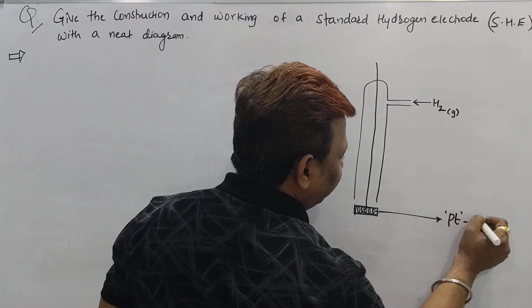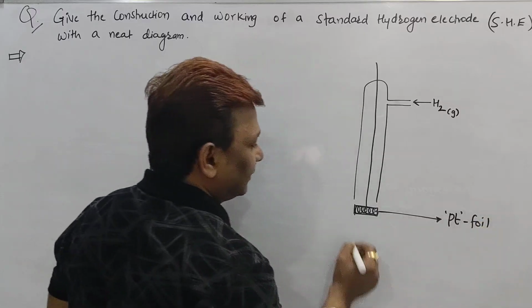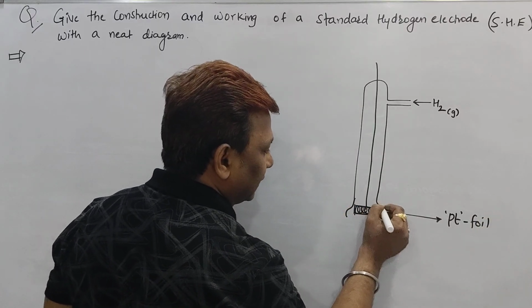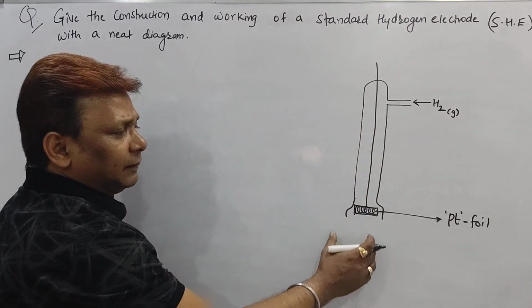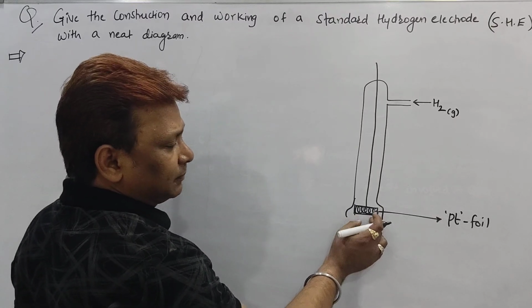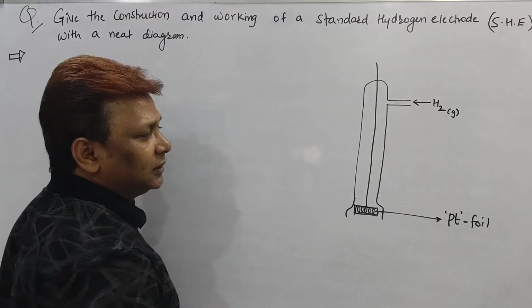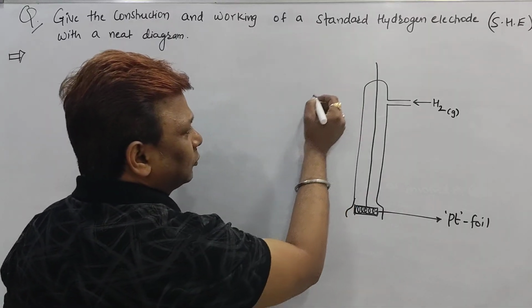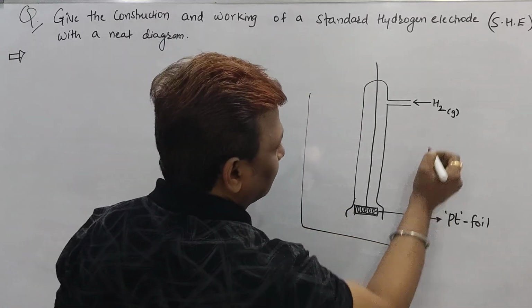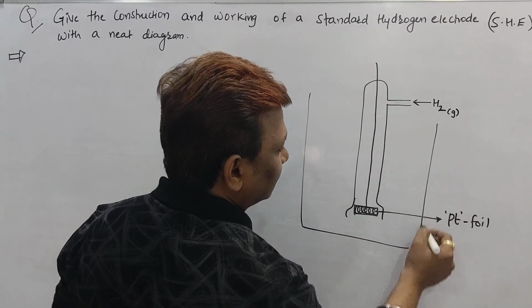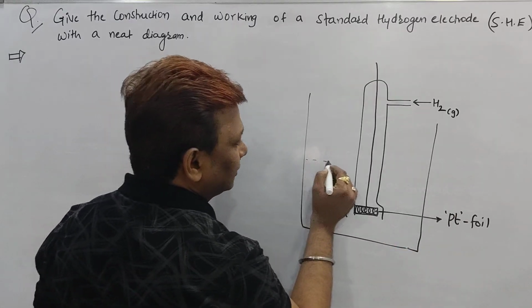Pt means platinum foil, right? It has a platinum foil. This is a plate coated with platinum foil, and we are sending the hydrogen gas through it. All of this is dipped into the solution, kept in a beaker containing the solution.